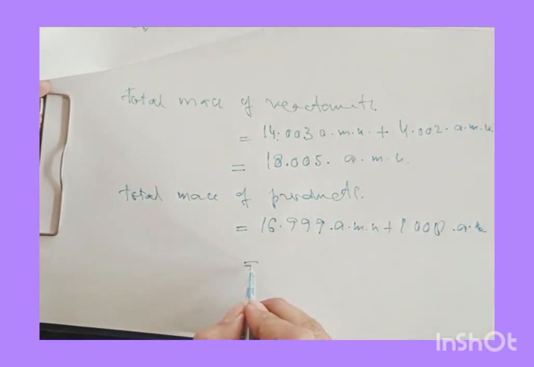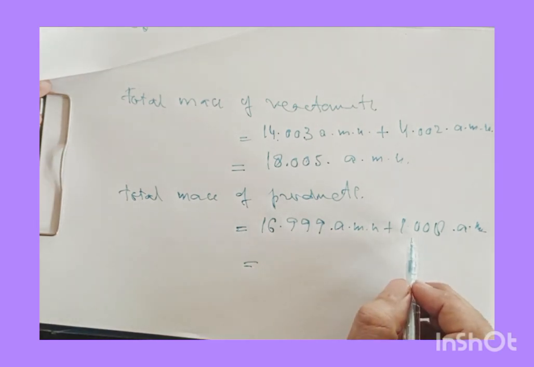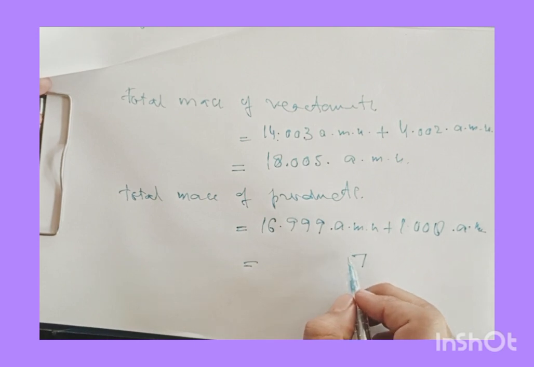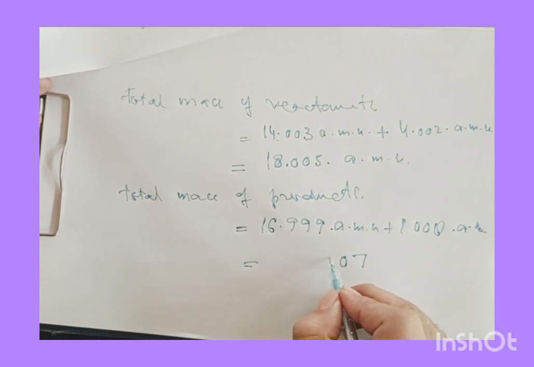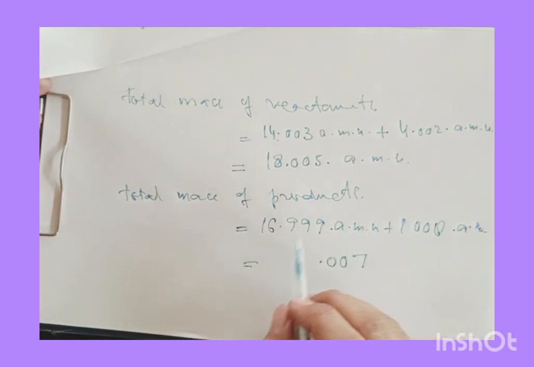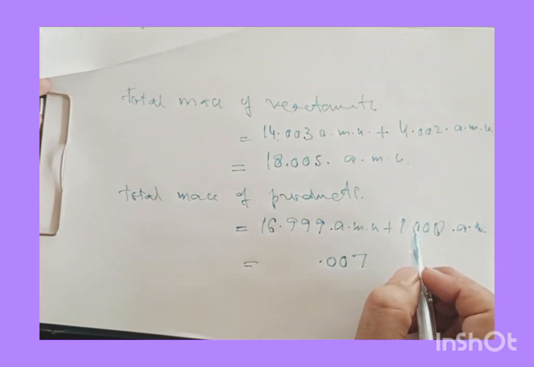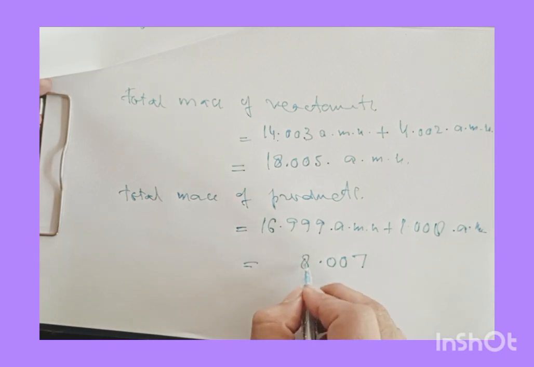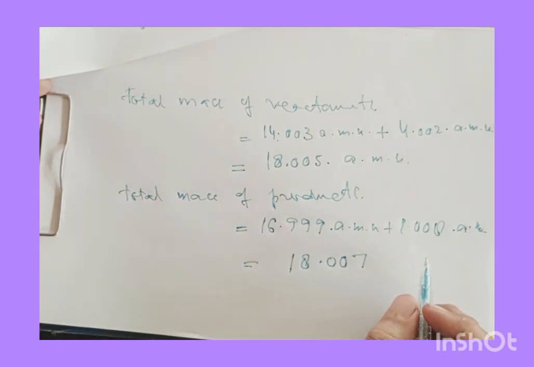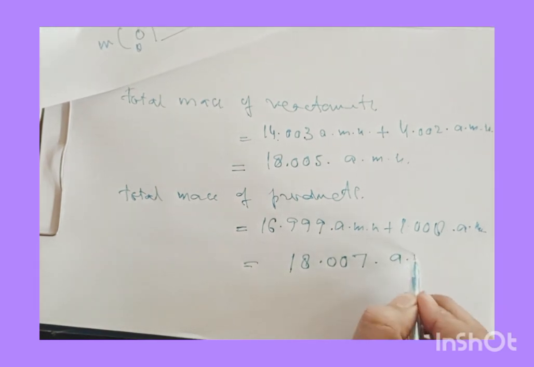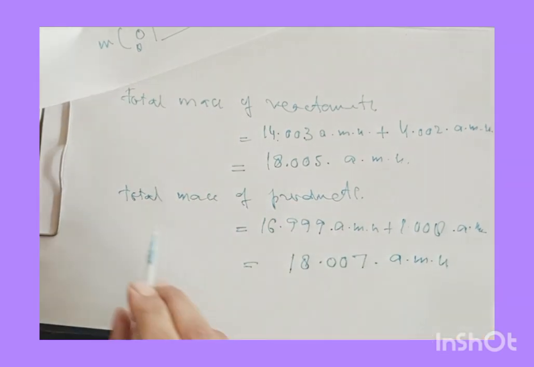So what we are going to have here is 18.007 atomic mass units. That will be the mass of the products.